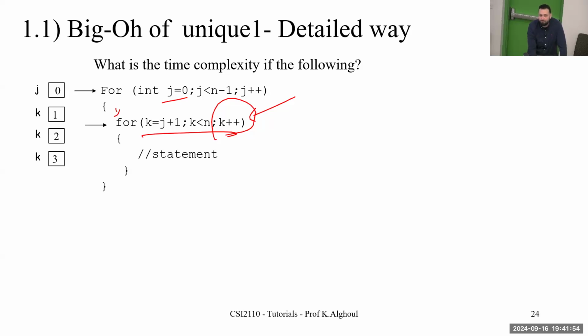Next step, k equals 4 till n minus 1. Very good. Why did we stop at n minus 1? Raise your hand and tell me why. Exactly. K is less than n, not less than or equal to. These are very important things, guys. Okay, we stopped at n minus 1.